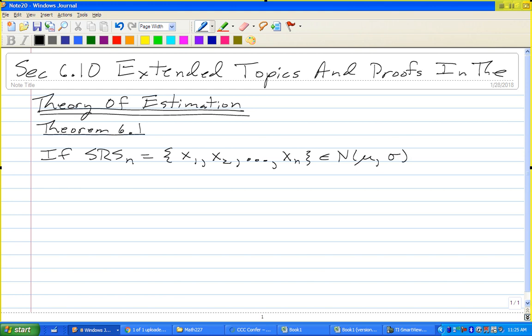So we're drawing this from a normal population. Then the sampling distribution of all possible sample means is normally distributed with mean mu and standard deviation sigma over radical n. Okay, so let's show that.